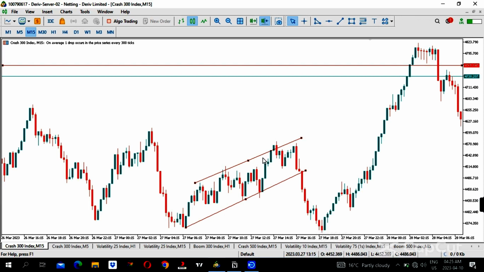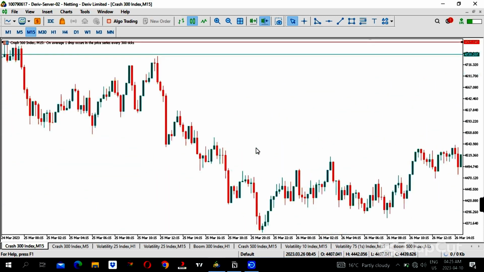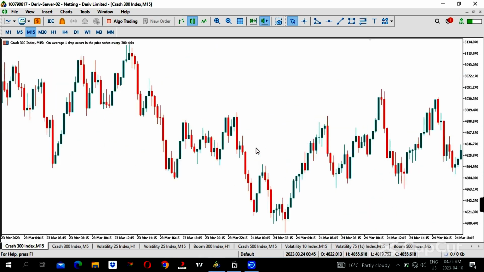Then there are wedges, right? Wedges are sort of like narrowing triangles. So let me check if there's a visible wedge somewhere over here, something like this, where the channel is not consistent, right?